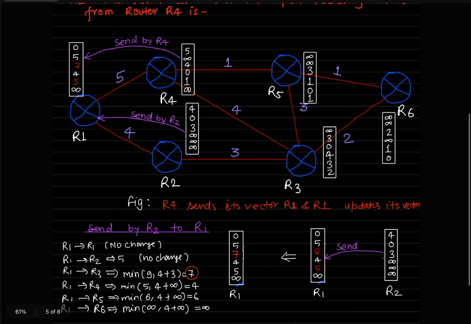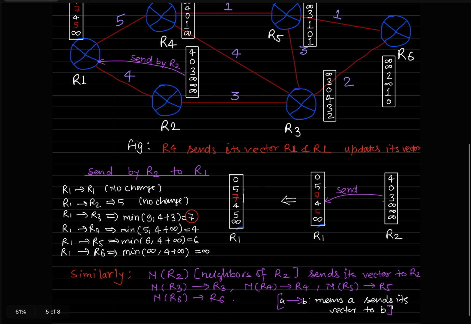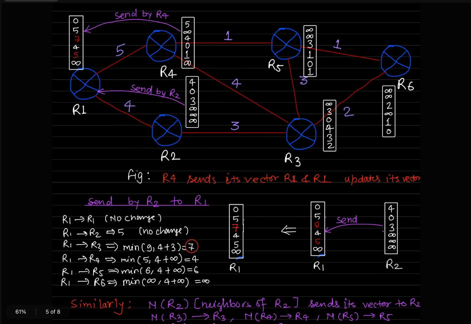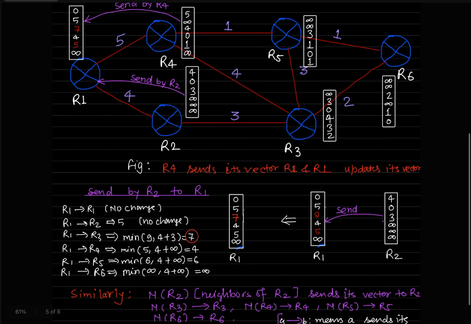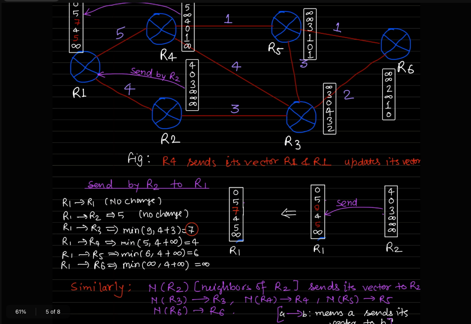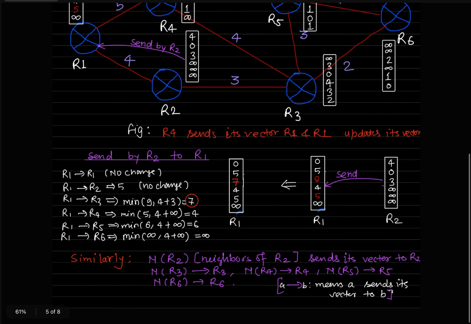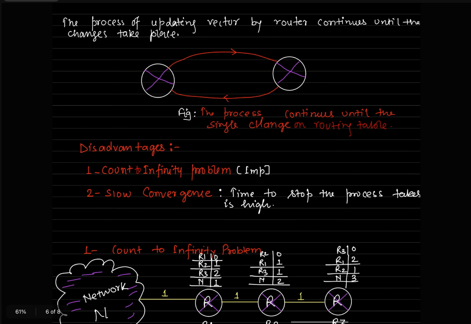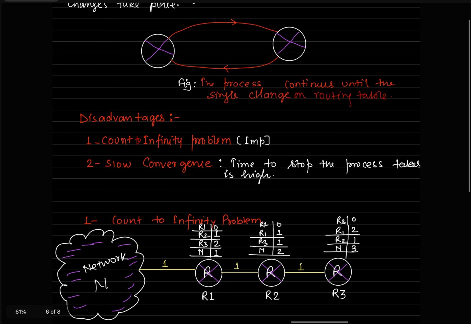This process continues until the vectors stop changing. Similarly, if router R2 sends its vectors to R1, then R1 makes changes in its vector, and this process continues until, as I told you, the vectors no longer change.